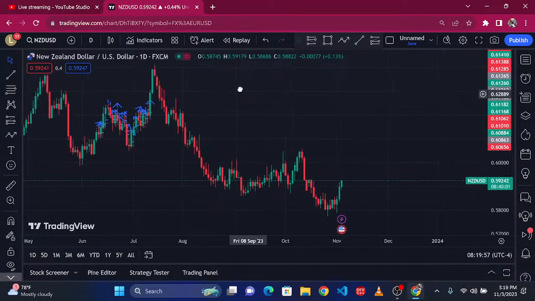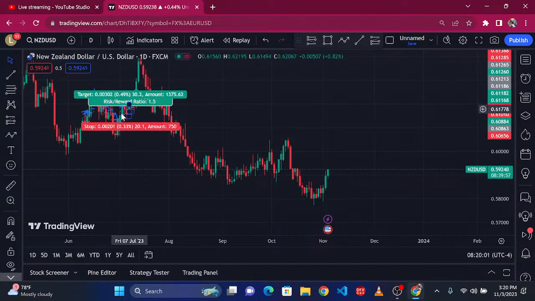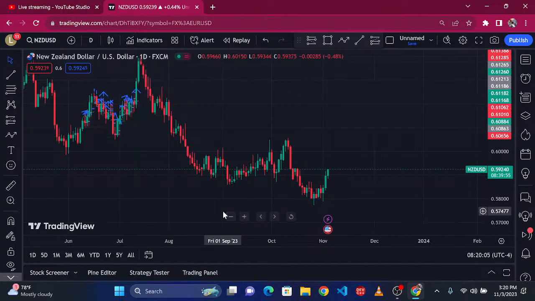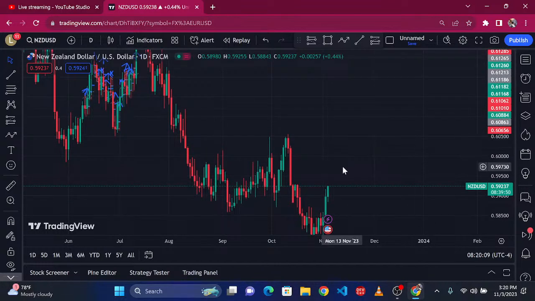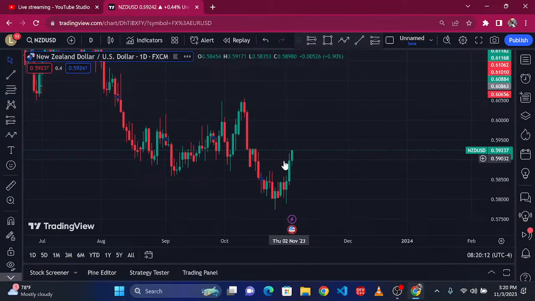NZD USD, you can see a lot of setups right here, a lot of them. Okay, this is a day time frame on NZD USD, and it is probably moving into this fair value gap, a big one.